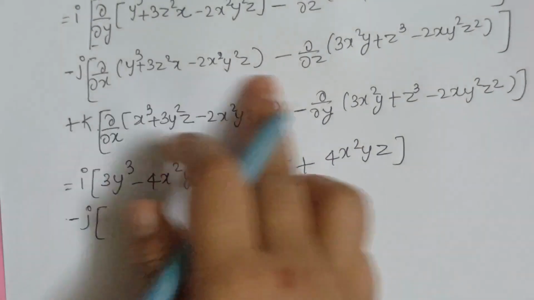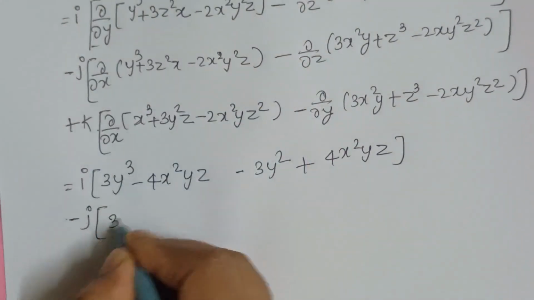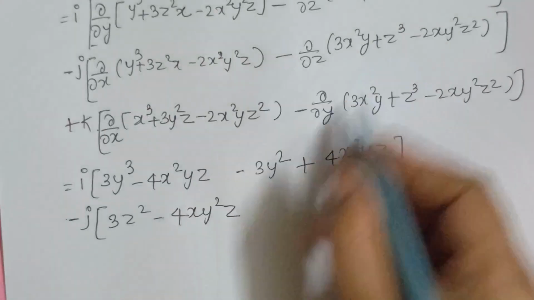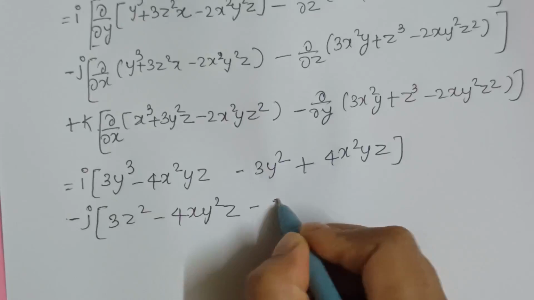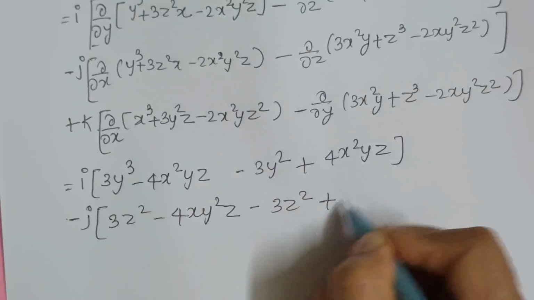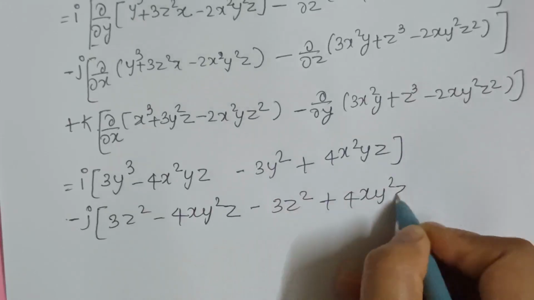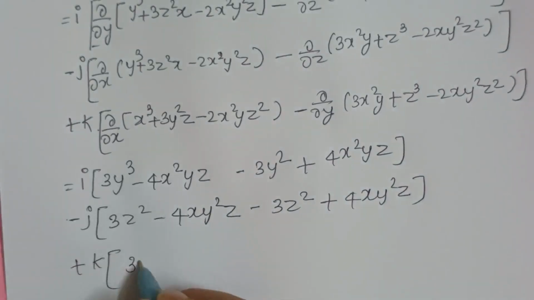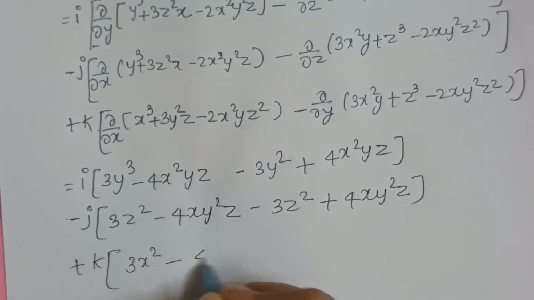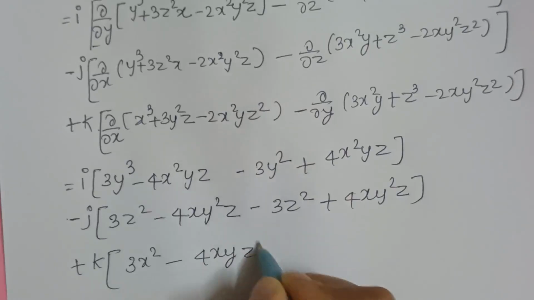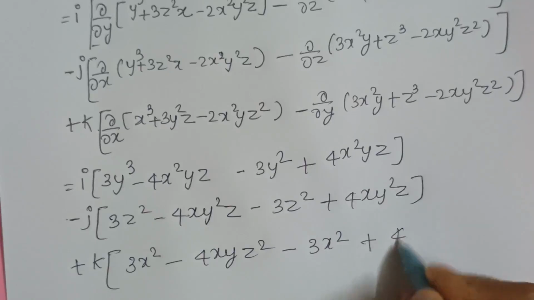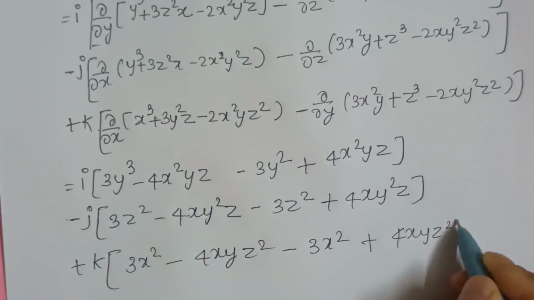I'll write it down, here 3z square minus 4xy square z minus 3z square plus 4xy square z plus k 3x square minus 4xy z square minus 3x square plus 4xy z square.